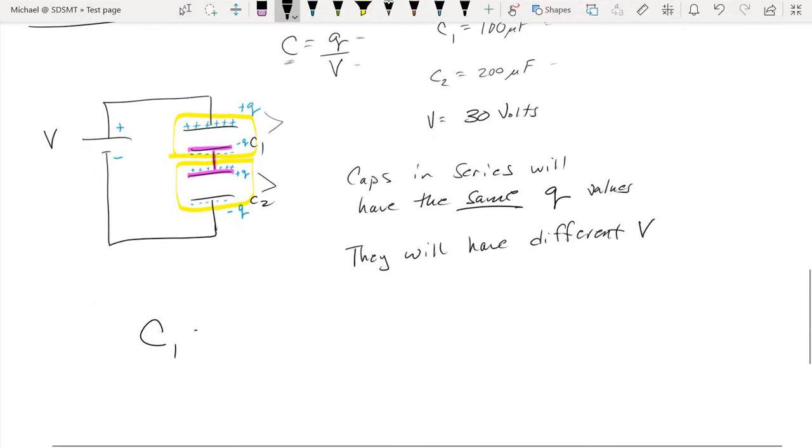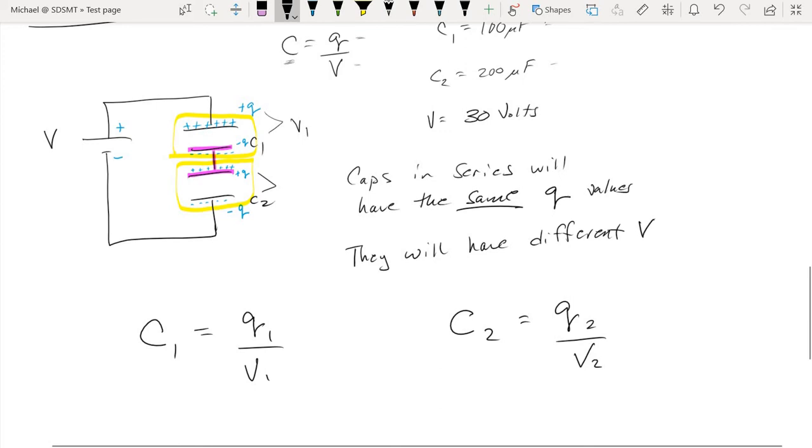So capacitor 1, if we put some subscripts to all of this, capacitor 1 will have some charge on its plates, and there will be a potential difference between the two plates that we call V1.